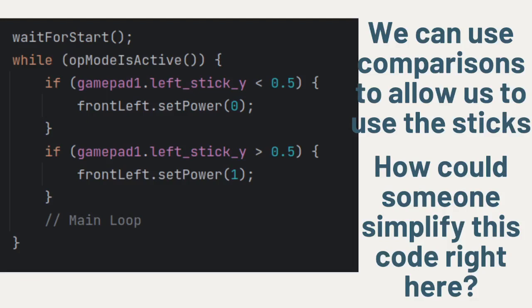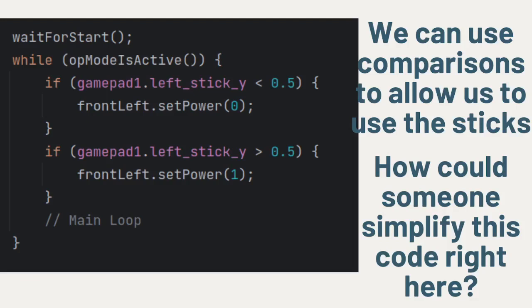It'll be like if gamepad1.leftStickY what? If it's less than 0.5, which if you hover over it, I think it might tell you, but either way, the values range from -1 to +1 for the sticks, and they're inverted. So up is -1, down is +1. That will confuse you, because I don't know why it's set up like that. That's just how they chose to do it.